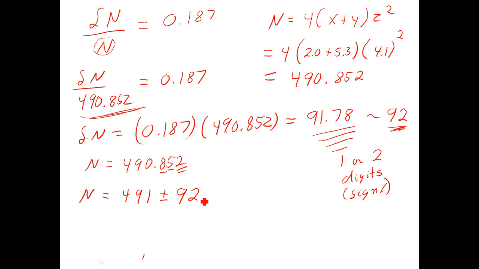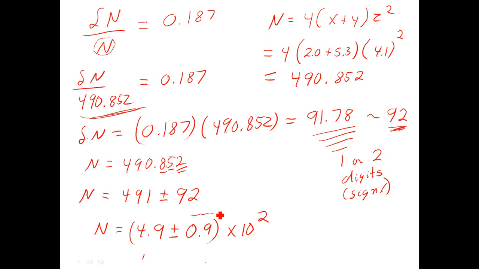Now, given that x and y and z had two significant digits, you could also use power notation to write this as N equals 4.9 plus or minus 0.9 times 10 to the 2.